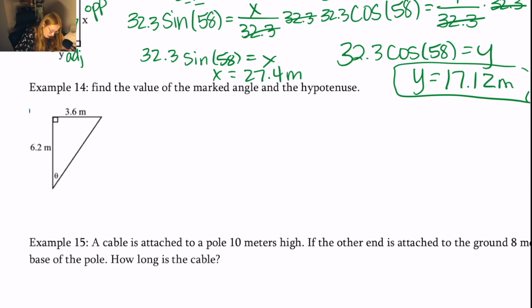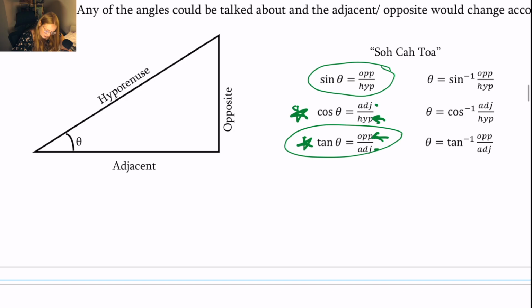Okay, last one, find the value of the marked angle and the hypotenuse. Let's do the angle first. Get your orientation. Across would be opposite. Attached is adjacent. We have opposite, we have adjacent, so let's look at our formulas. Opposite, adjacent, that would be the tangent.